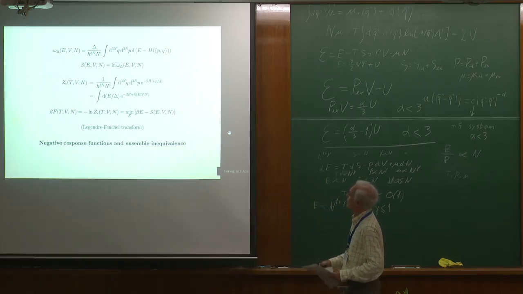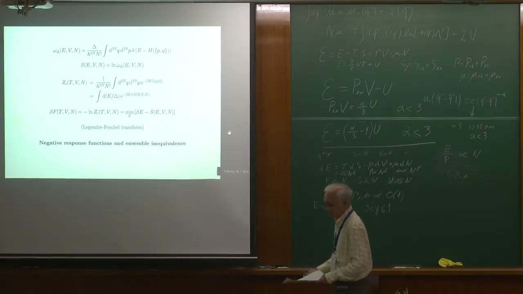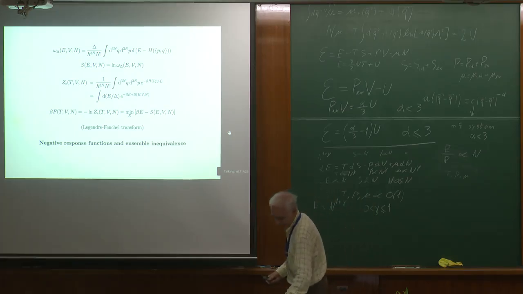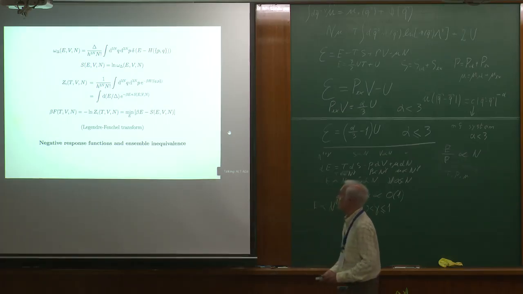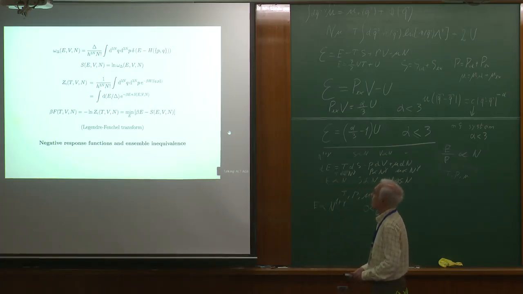Then what we also did in the previous lecture was the beginning of the treatment of the ensembles. I have written down here just the first two expressions concerning the microcanonical partition function and the canonical partition function.